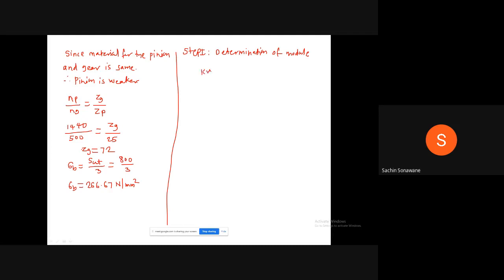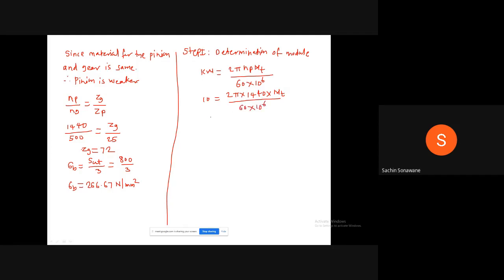Therefore, for power formula we know kilowatt is equal to 2 pi Np into MT divided by 60 into 10 raised to 6. Therefore, substitute the values. 10 is equal to 2 pi into 1440 into MT upon 60 into 10 raised to 6.